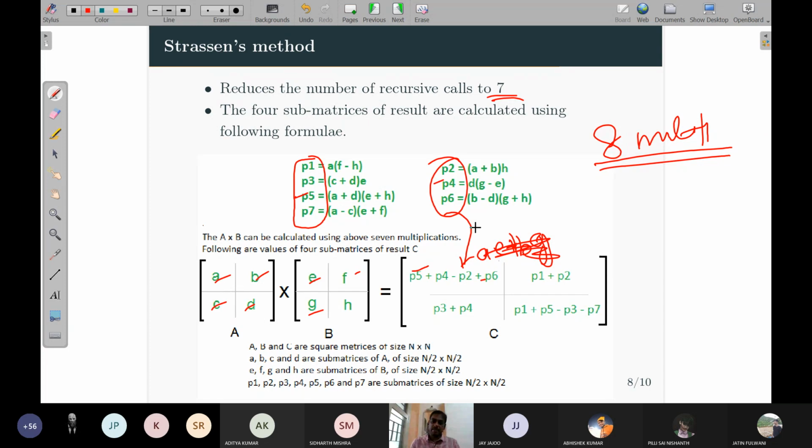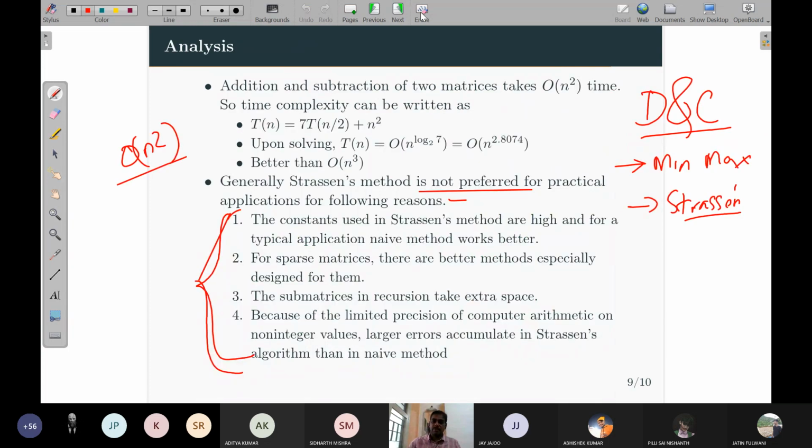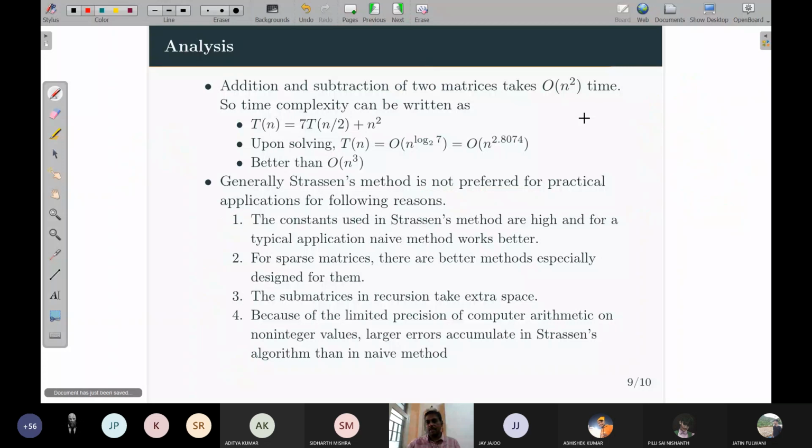And what is the advantage that we get? What was the recurrence before? Before this formula, the recurrence was T(n) is equal to 8T(n/2) plus big O of n square to handle the addition, because 8 recursive calls were made for n by 2 size matrices. But now T(n) is equal to 7T(n/2) plus n square, because in Strassen's method the recursive calls are one less.